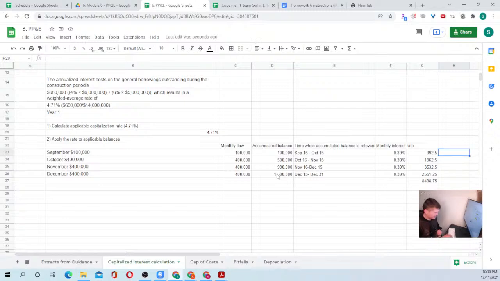We can calculate it even without, let's call it, with mid-month convention. Without mid-month convention. And that would be, we simply just multiply everything again.